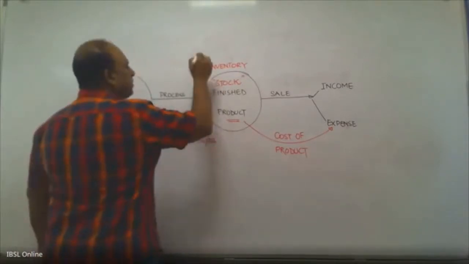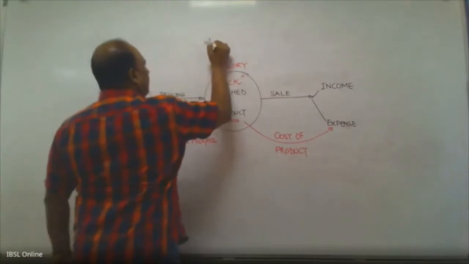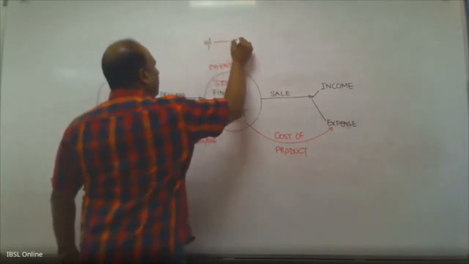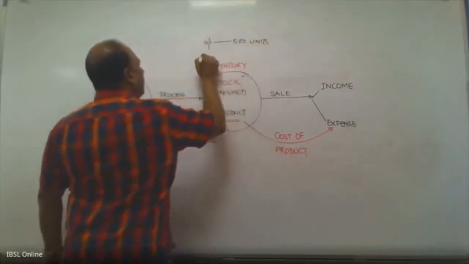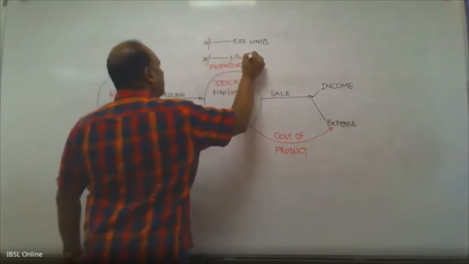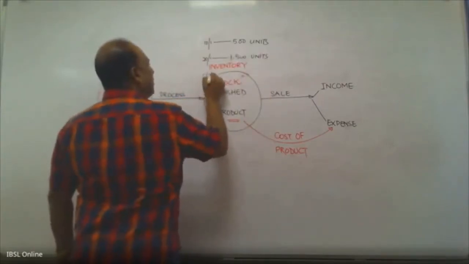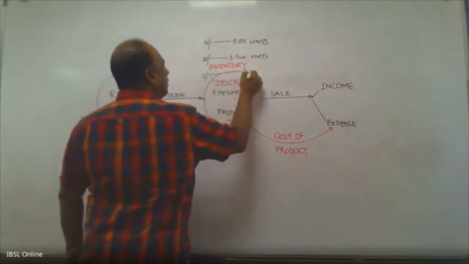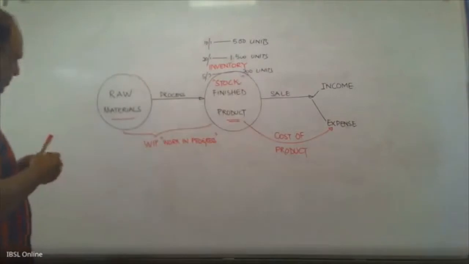So what happens on, let's say, 10th of January, you have 500 units. On 20th of January, you have another 1,500 units. On 5th of February, you have another 200 units. So this is continuously happening.